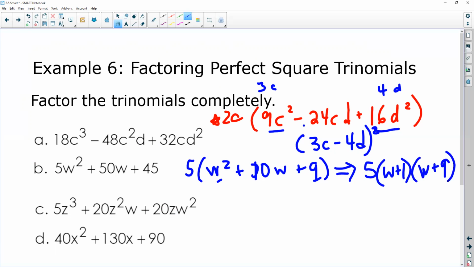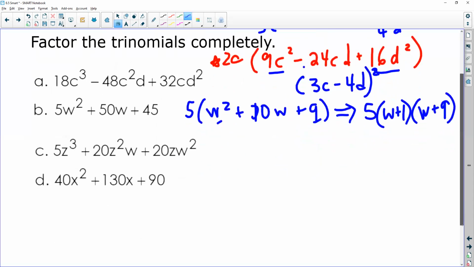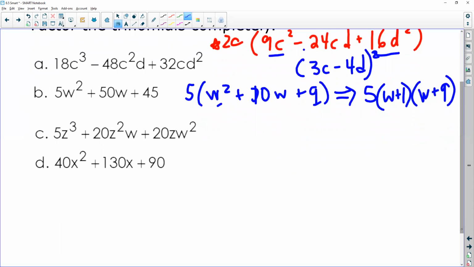So you can't be so focused on what this new thing we're doing is that you lose sight of the rest. You got to use all your tools at once. That's the point here. And the next one, I'm going to take out a common term again. So I see 5z. That leaves me with z squared plus 4zw plus 4w squared.